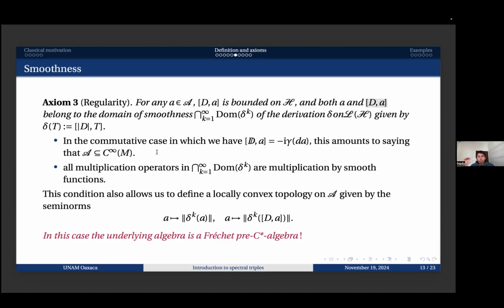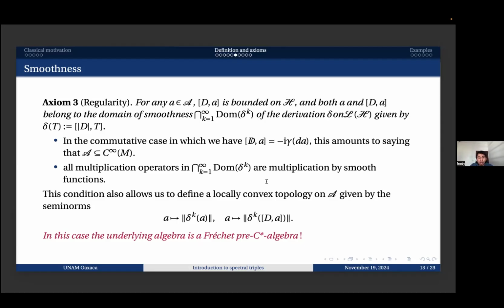In the non-commutative setting, this domain of smoothness can be considered as the smooth operators.